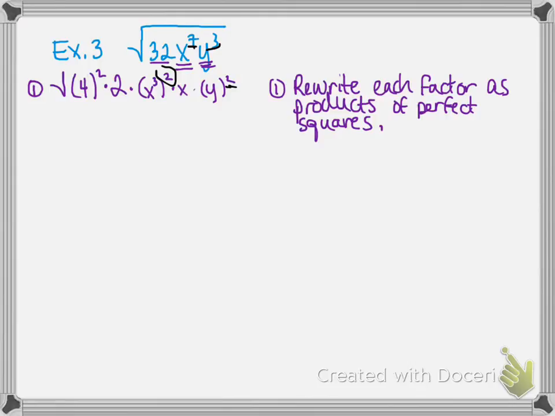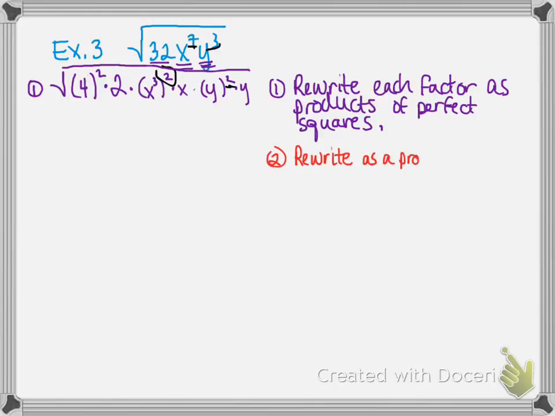And what do I have left over? I have 1, so I have y, or y to the 1, left over. So we've rewritten this as the square root of 4 squared times 2 times x cubed squared times y squared times y.